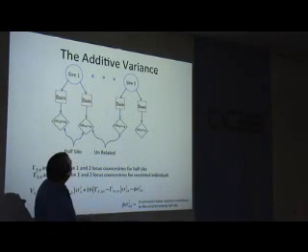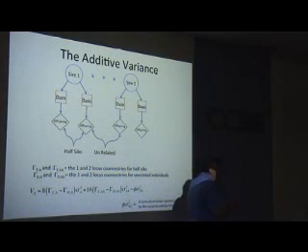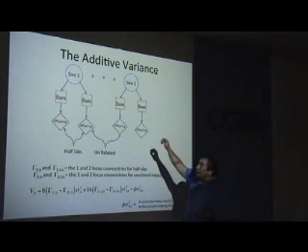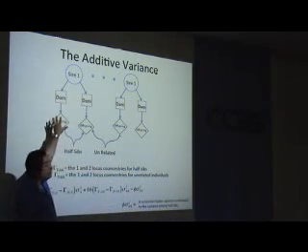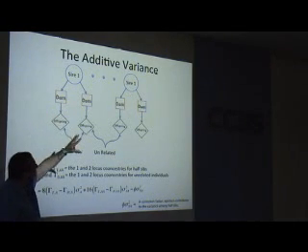Okay. So, now we're interested in the additive genetic variance. That's what we really want to know. We don't want to know the variance within demes. We want to know the additive genetic variance. And the standard way to do that, as I say, there's a number of ways we could do it. What I chose to do was look at a half-sib design. And what we do is we take a whole bunch of sires.